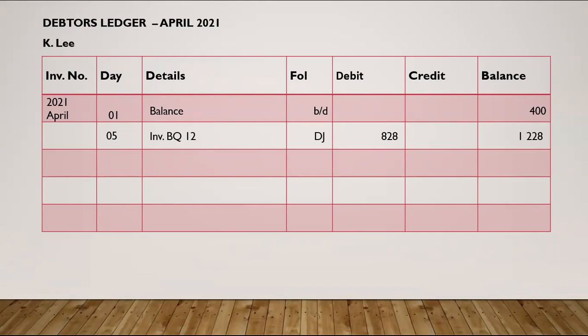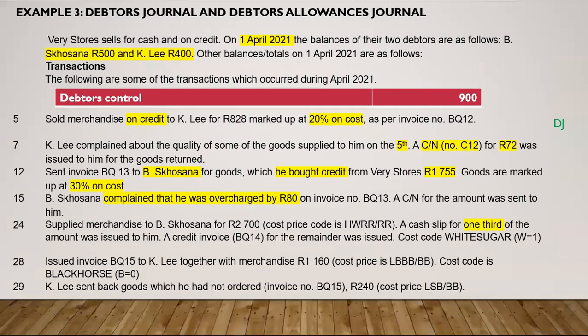What does the next transaction say? It says that Kylie complained about the quality of some of the goods supplied to him on the 5th, which is about the transaction. Now, a CN, that is a credit note. A credit note is a source document that we issue to a debtor when the debtor returns goods.